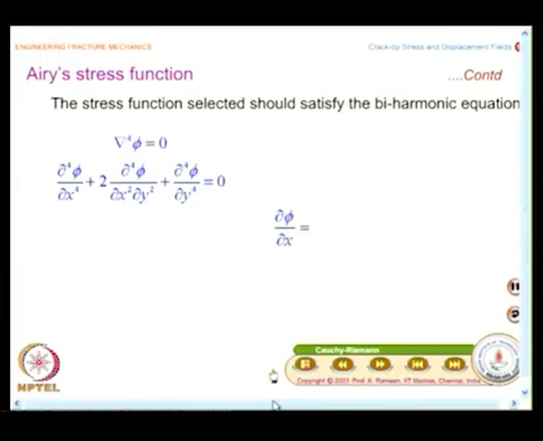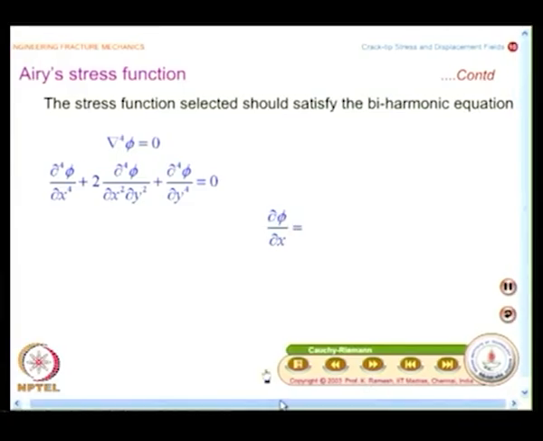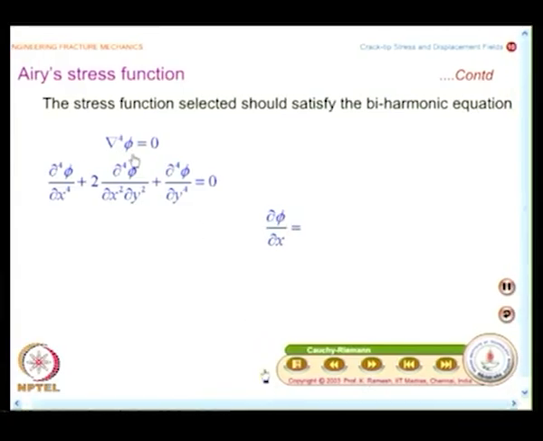So, the first test we have to do is, when we have defined phi, we have to ensure whether it satisfies the biharmonic equation. And what is the biharmonic equation?